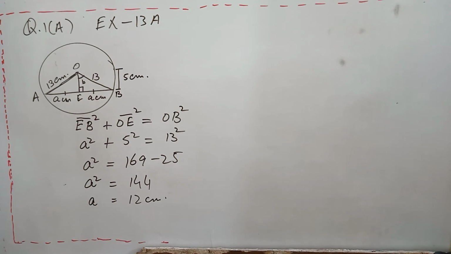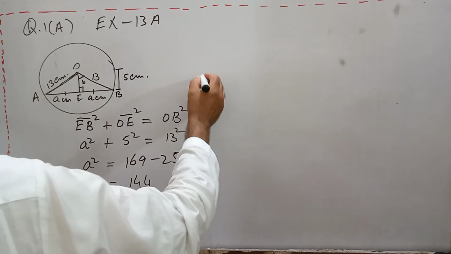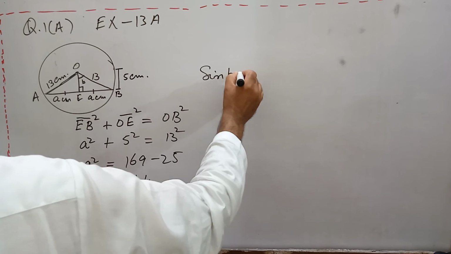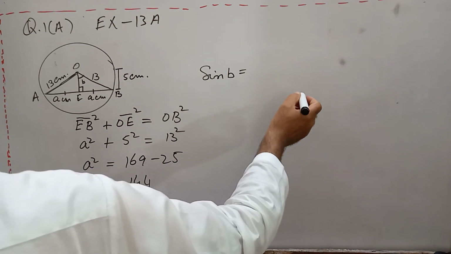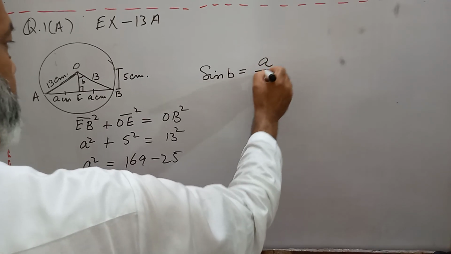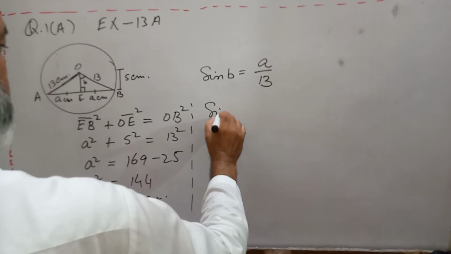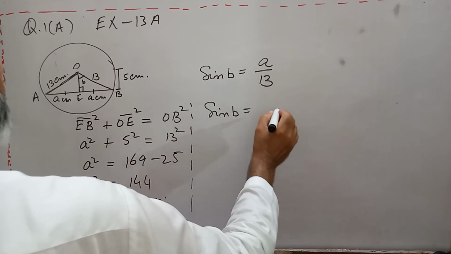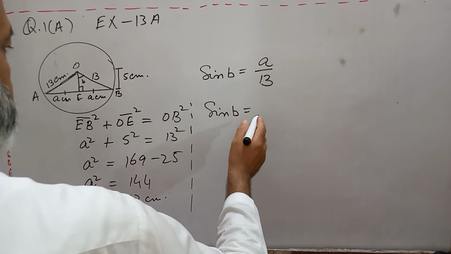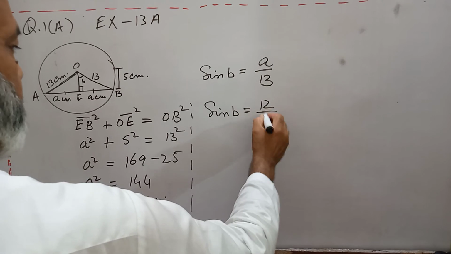Here we will use sine B equals perpendicular over hypotenuse, which is A over 13. The value of A is 12, so sine B equals 12 over 13.